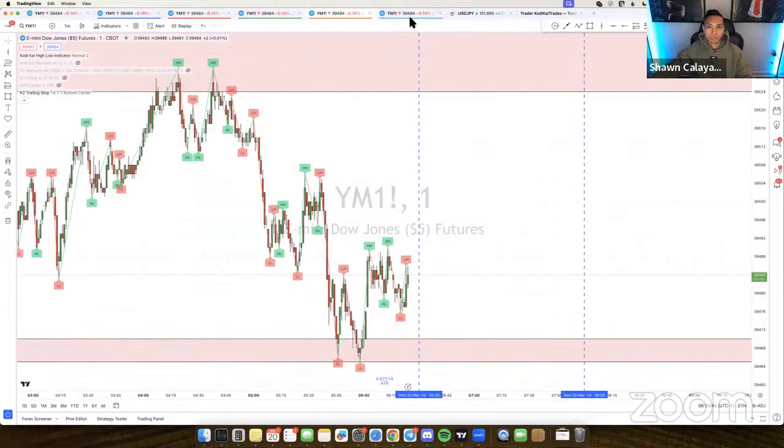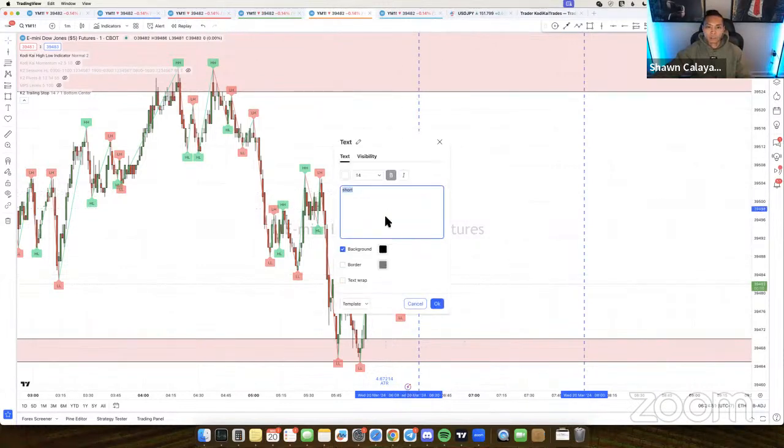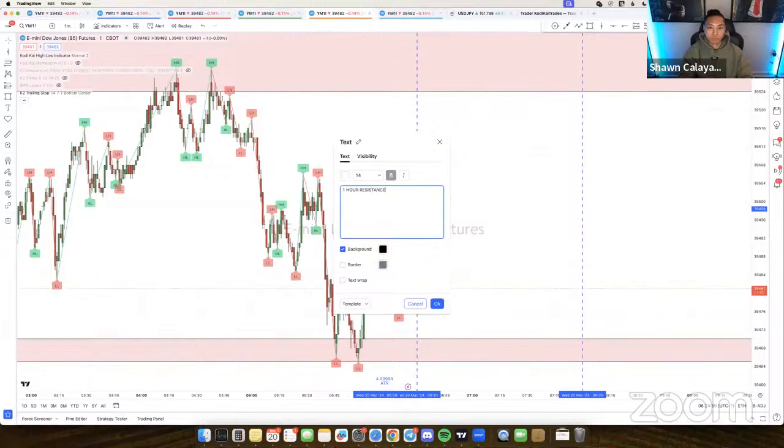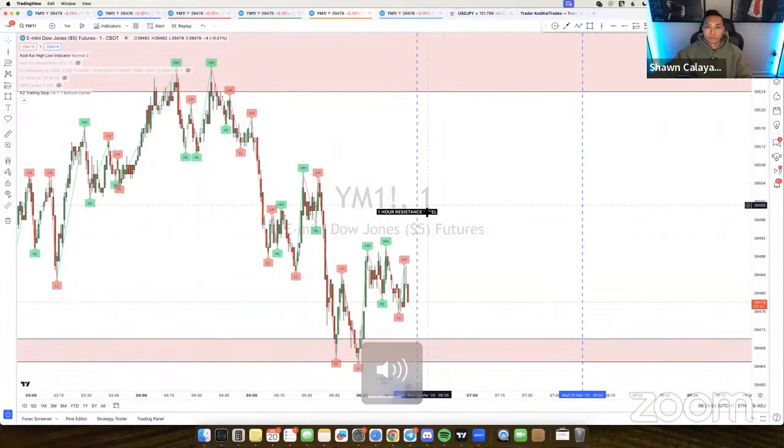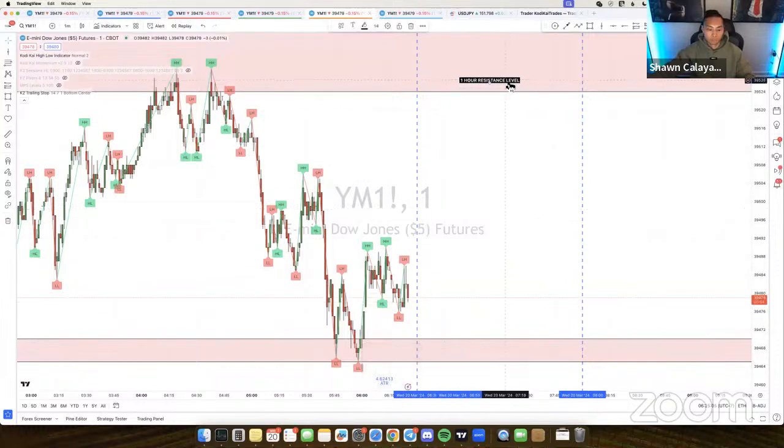All right, so looking at current price right now, we currently have a 1-hour resistance level. Or sorry, this is the 4-hour.